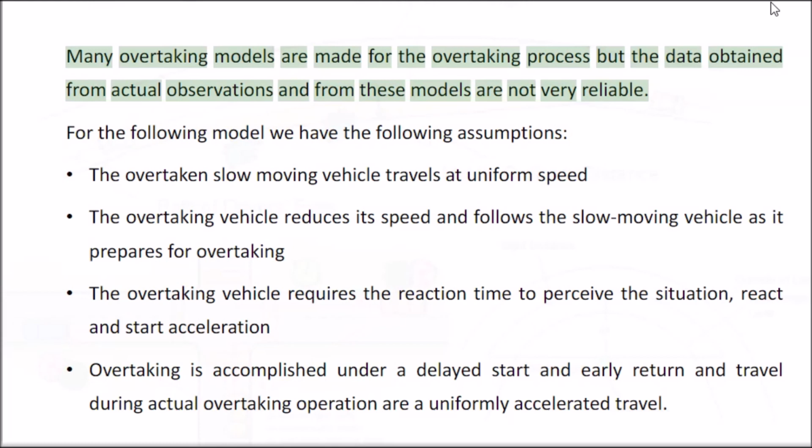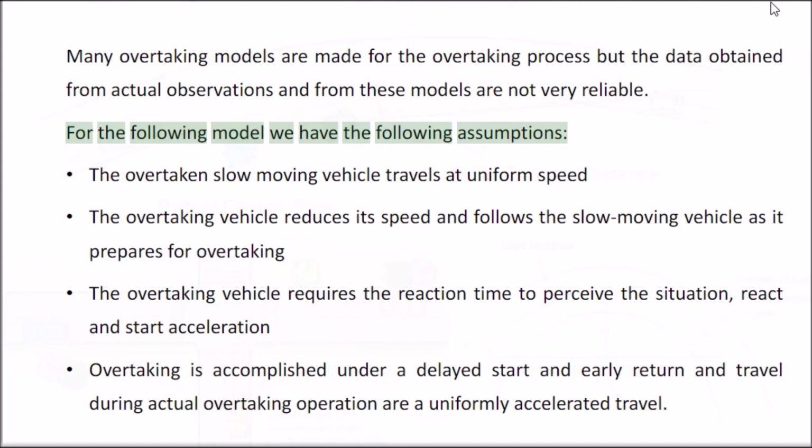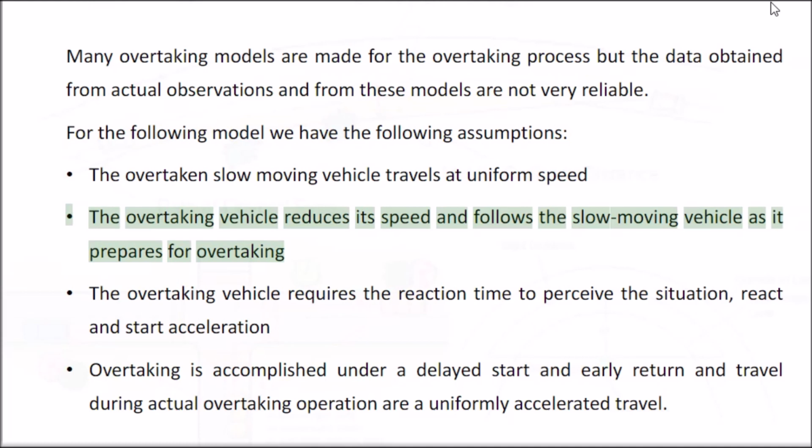Many overtaking models are made for the overtaking process, but the data obtained from actual observations and from these models are not very reliable. For the following model we have the following assumptions. The overtaken slow-moving vehicle travels at uniform speed. The overtaking vehicle reduces its speed and follows the slow-moving vehicle as it prepares for overtaking.